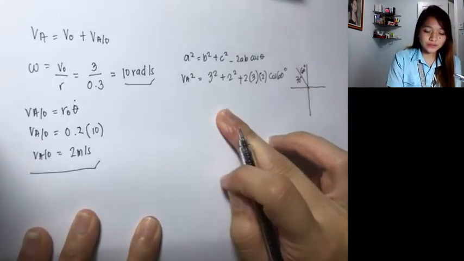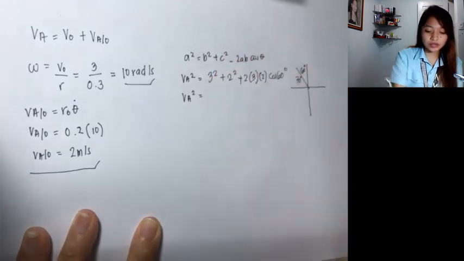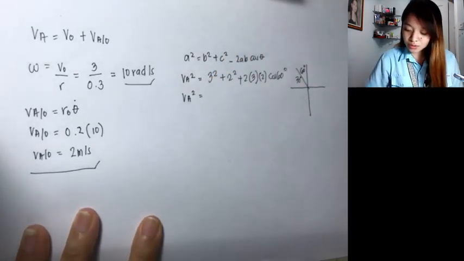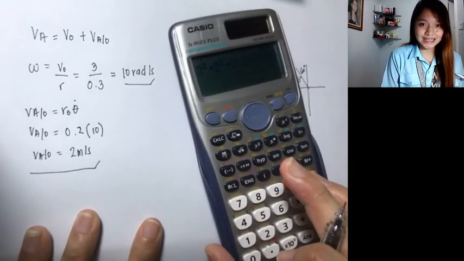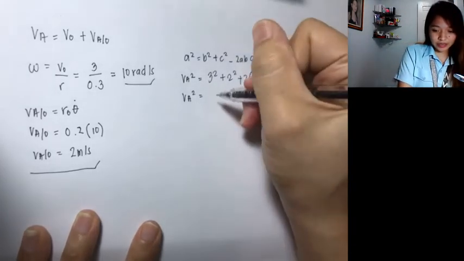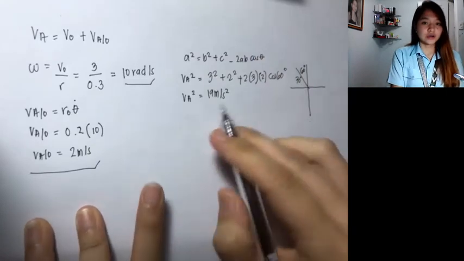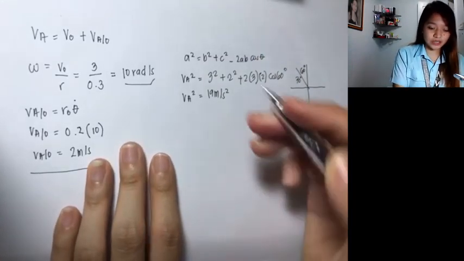Further solving this, VA squared is 3 squared plus 2 squared plus 2 times 3 times 2 multiplied by cosine 60, which gives 19. But that's not it, we have to take the square root of both sides.